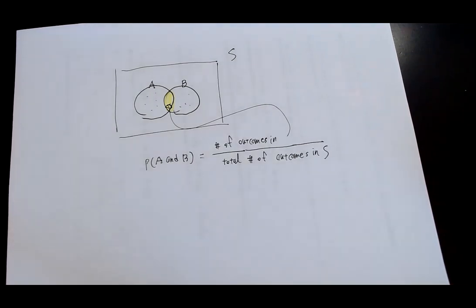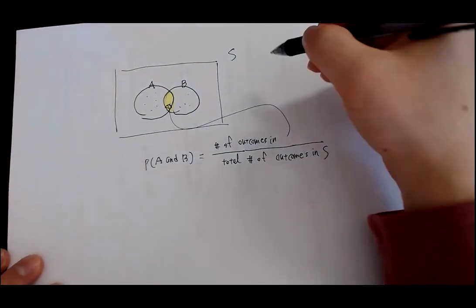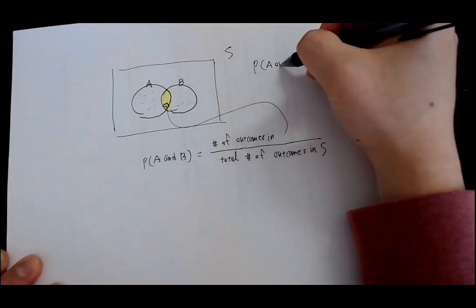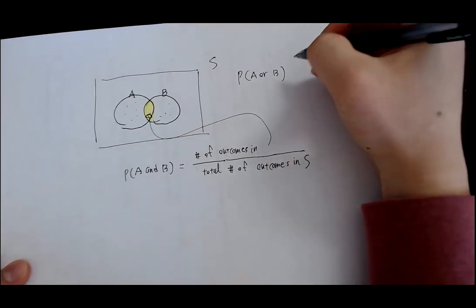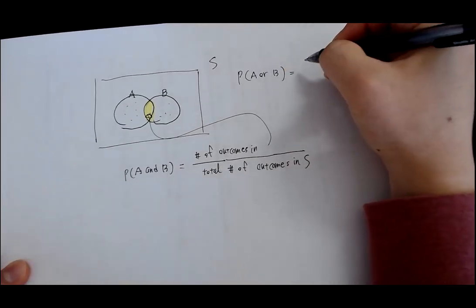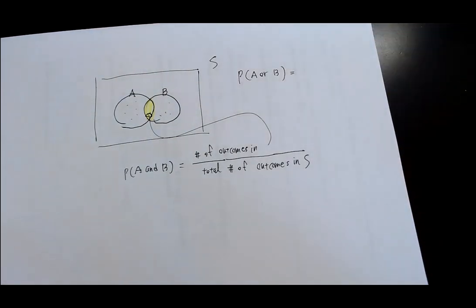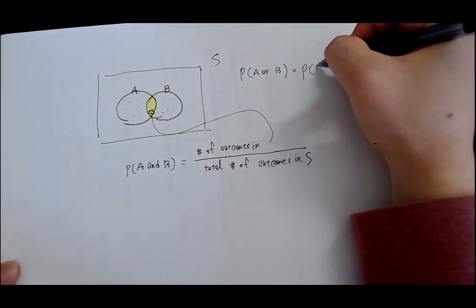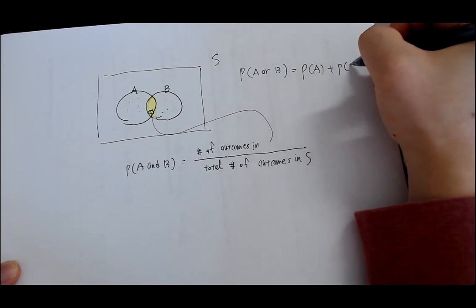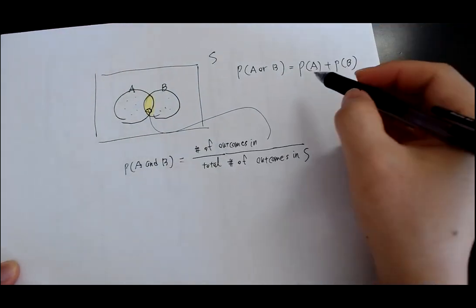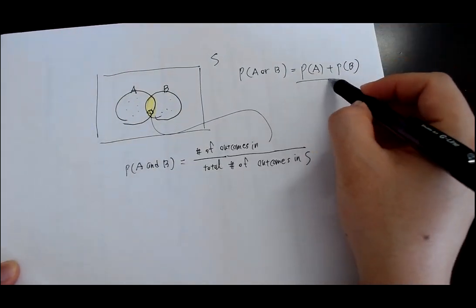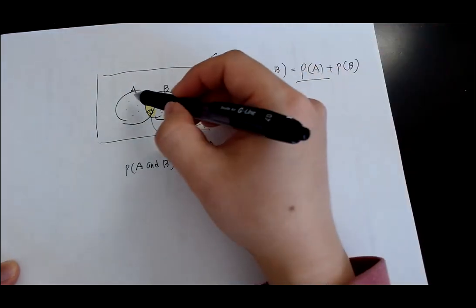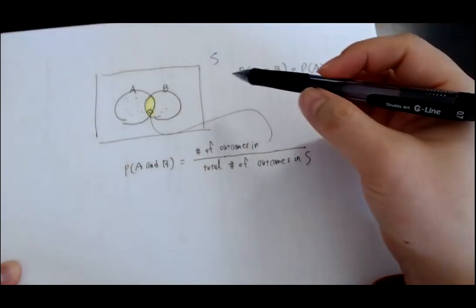But we're talking about probability of A or B, right? So P of A or B means we find all the outcomes belonging to either A or B. It can be calculated by P of A plus P of B. But when you find the probability of A, we count all the outcomes not only here but also in that region.